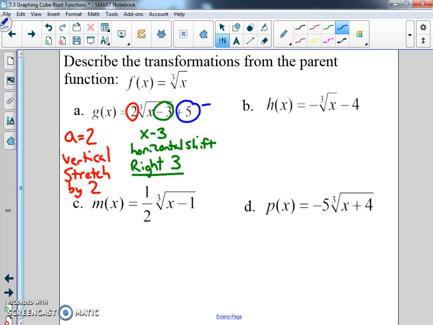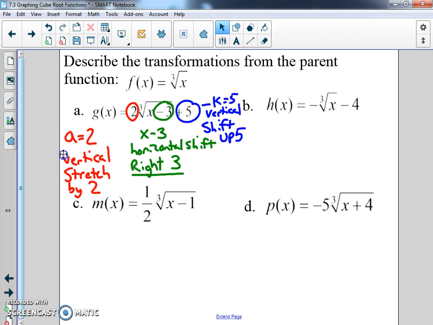Since k is equal to 5, it is a vertical shift up 5. Okay? So we're going to have a vertical stretch by 2, a horizontal shift to the right 3, and a vertical shift up 5.